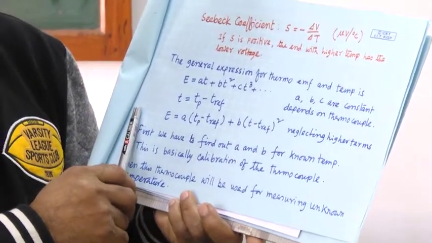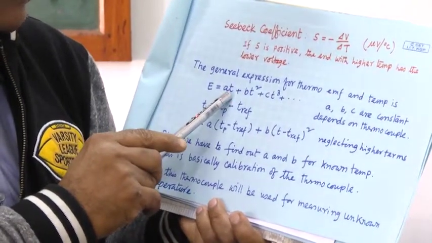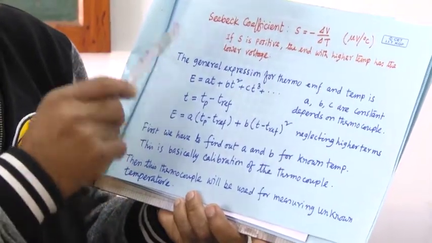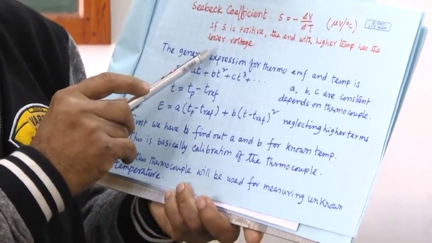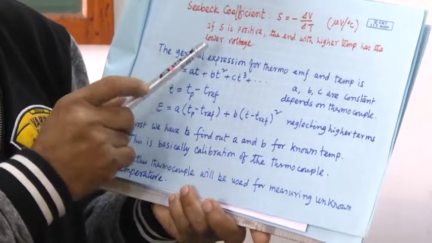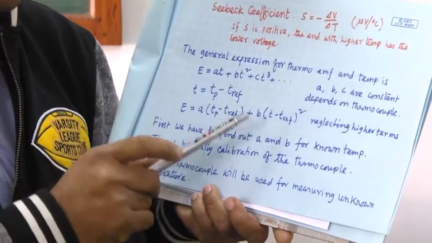Now T is the temperature of the place where you want to measure the temperature with respect to the reference temperature.